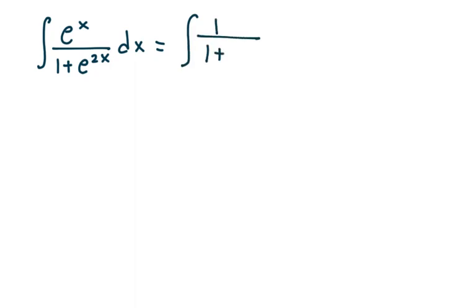And so we get the integral of e to the x over 1 plus e to the 2x dx is the integral of 1 over 1 plus u squared du, which is arctangent of u plus c.